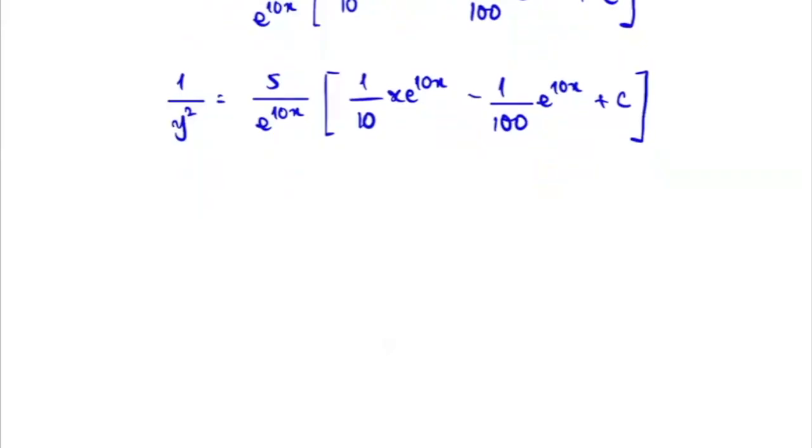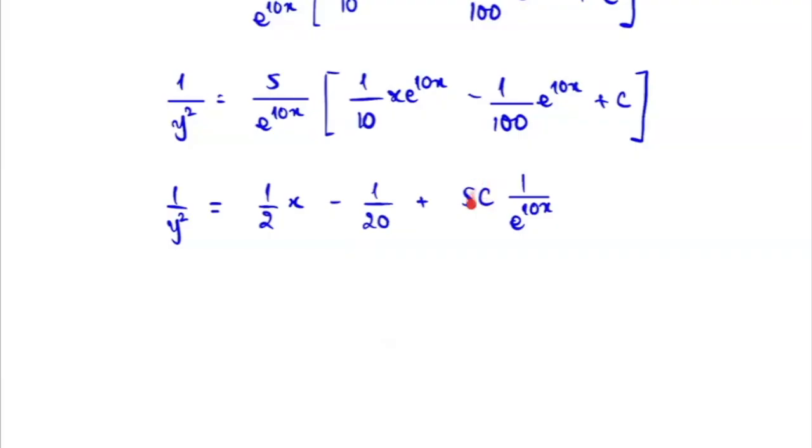So let's do that. I distribute this term into the brackets, and I get 1 over y squared equal to 1/2 times x minus 1 over 20, plus 5 times c times 1 over e to the 10x.